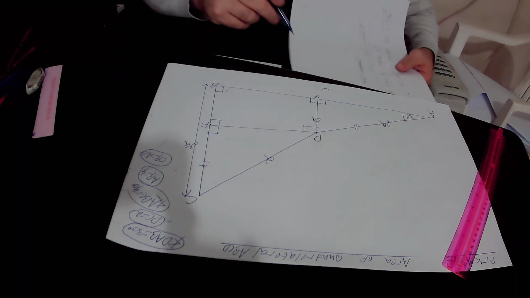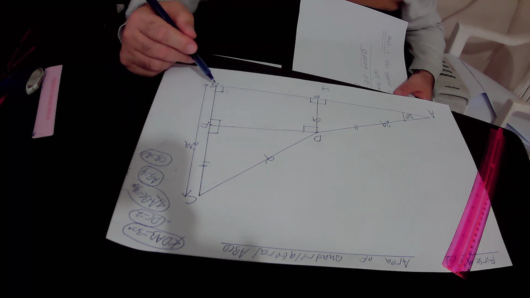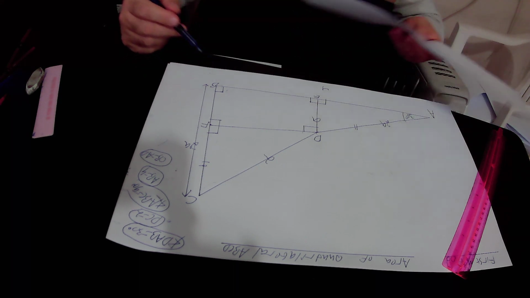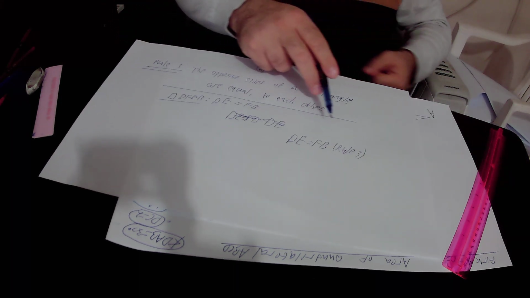I repeat again, DE equals FB in rectangle DFEB according to rule number 3.